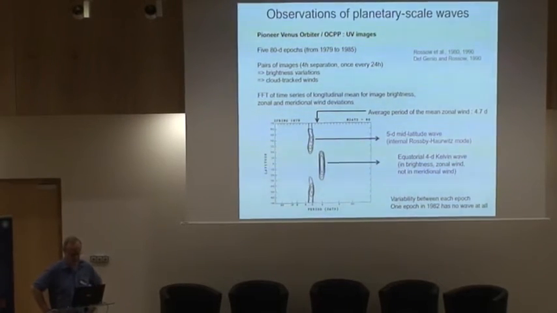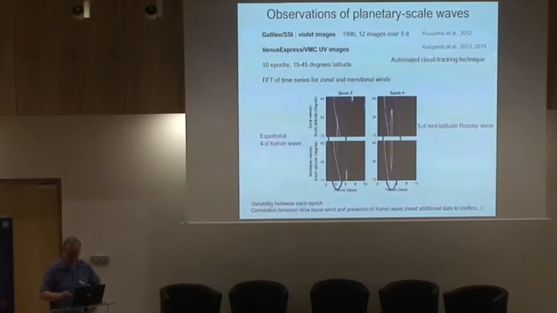So you may see that they are well characterized, but there is a strong variability between each epoch. For example, in 1982, there were no waves at all detected. So it is an intermittent process. Other observations from Galileo and from the Venus Express Venus Monitoring Camera UV images, and you may see here the Fourier transform also for both zonal and meridional winds, and you find again the waves.